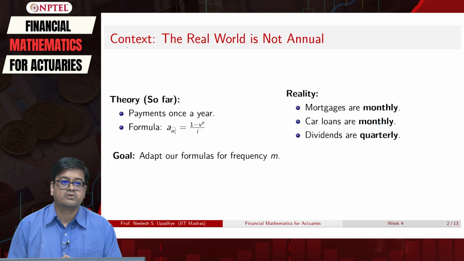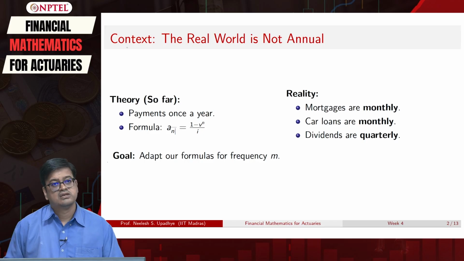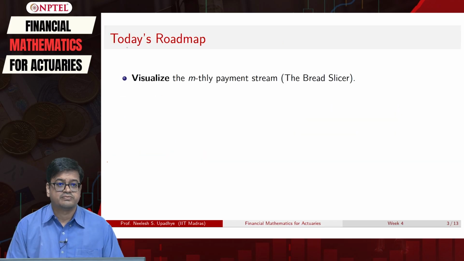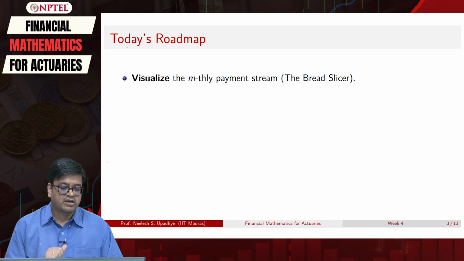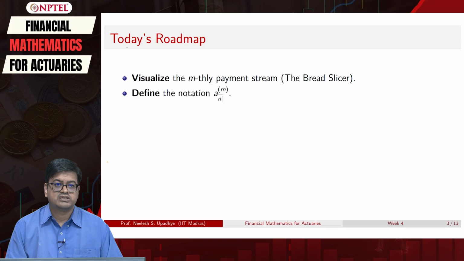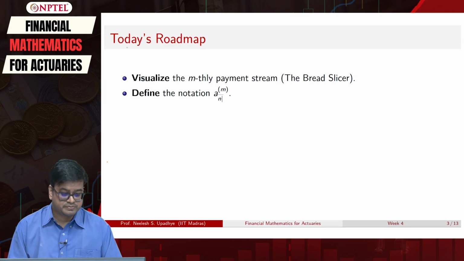So by keeping that goal in mind, let us visualize what we are going to do today. That is our today's roadmap. First, we will look at what exactly we mean by a monthly payment stream, and how it relates with our annual payment scheme. Once we have discussed that and derived an efficient formula, we will introduce a notation, which is a angle n superscript (m).